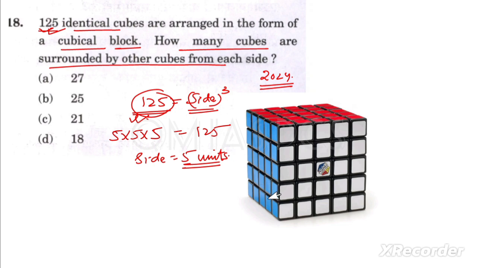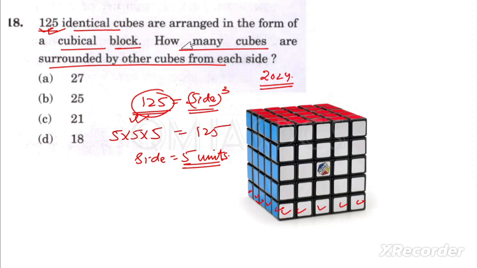Here you can see how many cubes are in the bottom line: 1 2 3 4 5 on the length side, then 1 2 3 4 5 on the breadth side, and the height side will be 5. In total it is 125 cubes. So this is your actual cubical block.